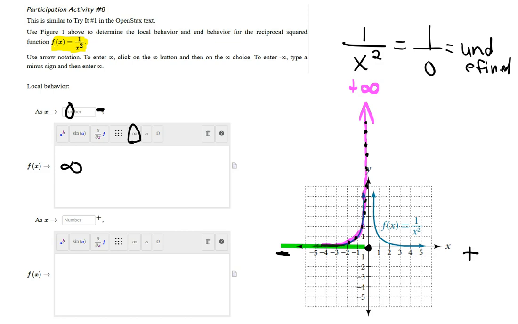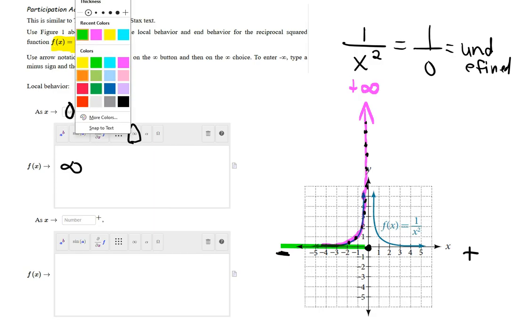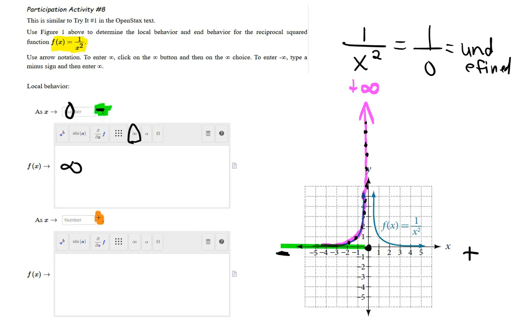Now let me go back to my picture. On the positive side, I'll try to color code this. I just did negative, so now we're going to look at it from the positive side. As we're moving here and getting closer and closer to 0, what is the graph doing?